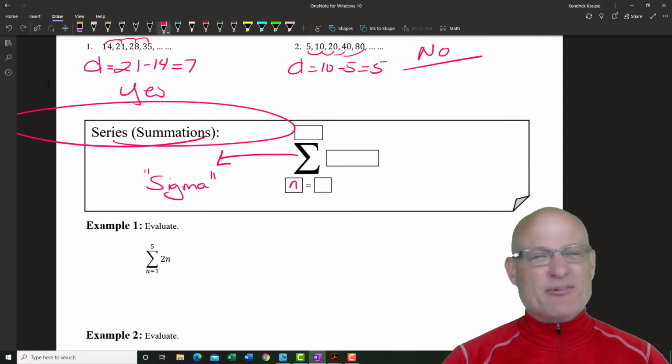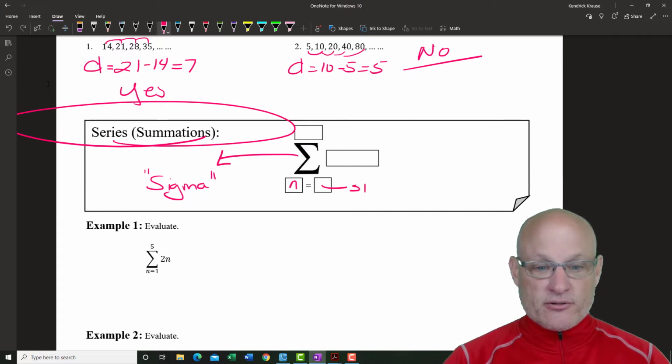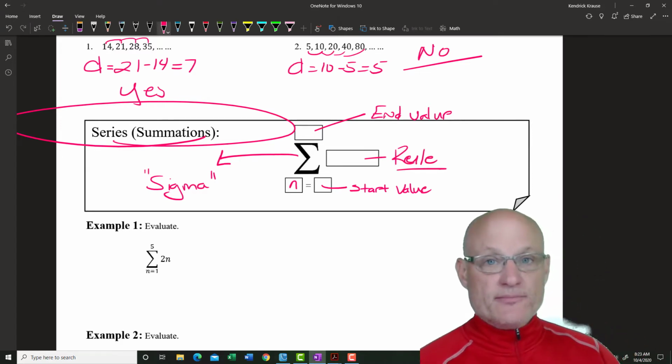It doesn't matter. A lot of times it's called n, but it could be any variable. This number here will be the start value, and you'll see how that works in a minute. This value up here will be the end value. And this here will be your rule for your sequence. This is going to be the rule for the sequence.